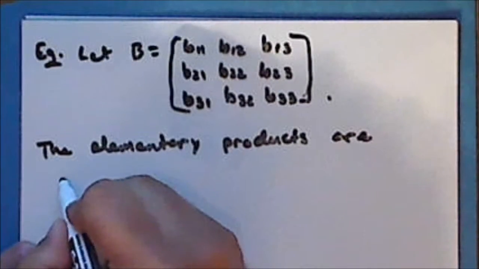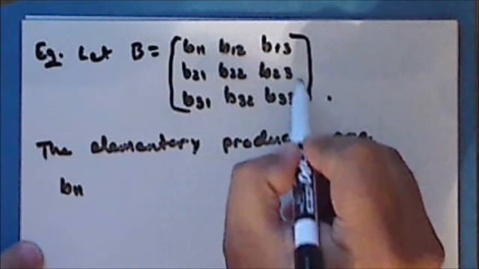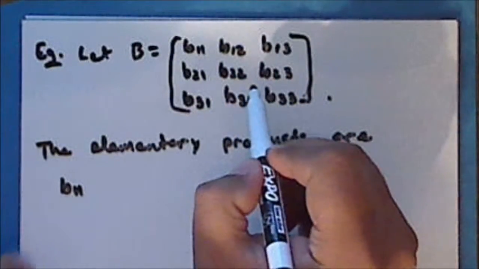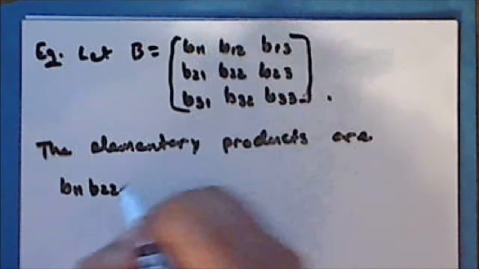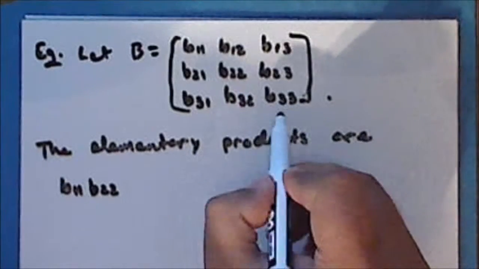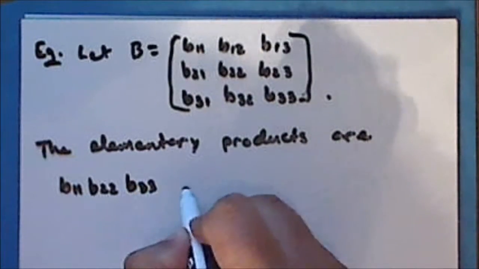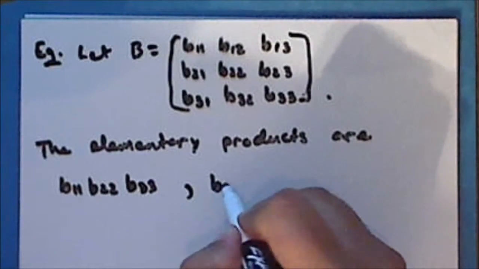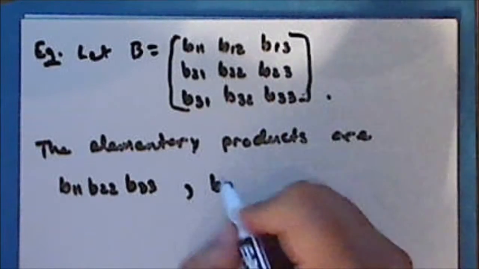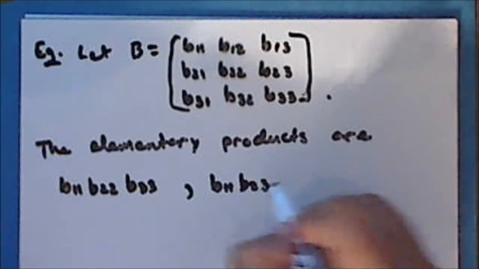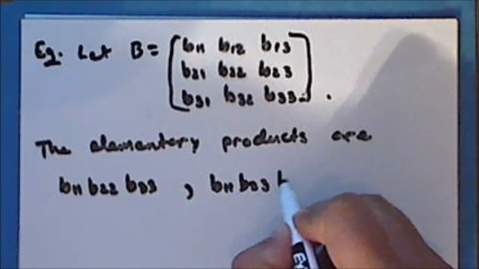If we choose as the first factor B sub 1, 1, then we have 2 choices for the second factor that are not in the same row or the same column. If we choose B sub 2, 2 as the second factor, then we only have 1 choice for the third factor, and that is B sub 3, 3. Now, if instead we choose B sub 2, 3 as the second factor, then we only have 1 choice for the third factor, and that is B sub 3, 2.